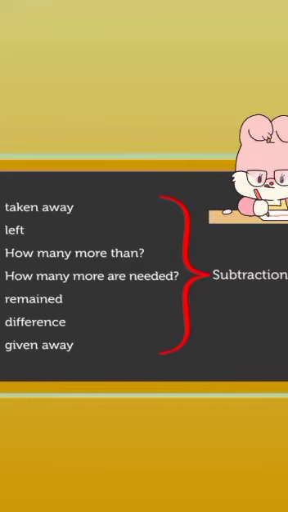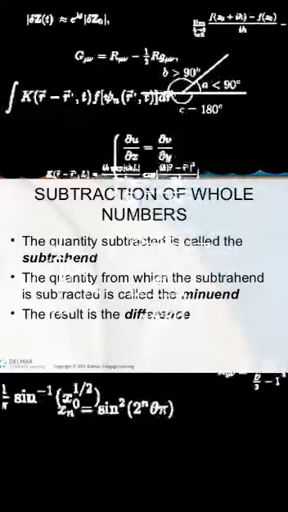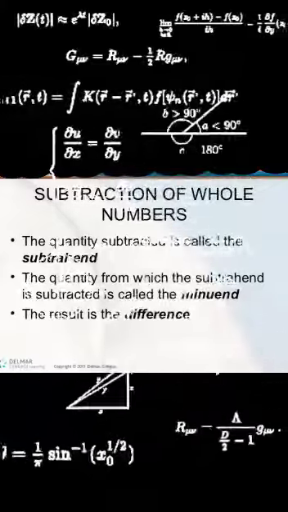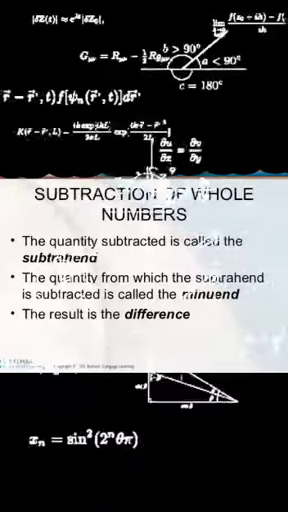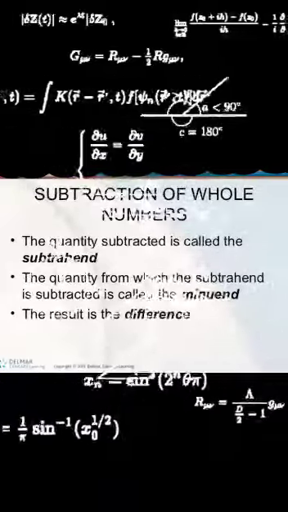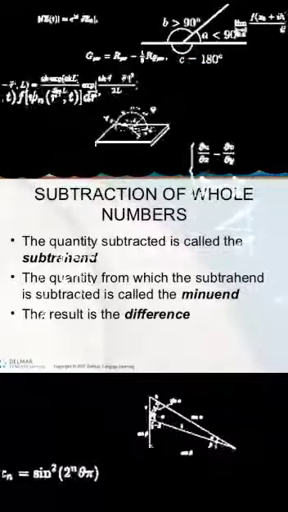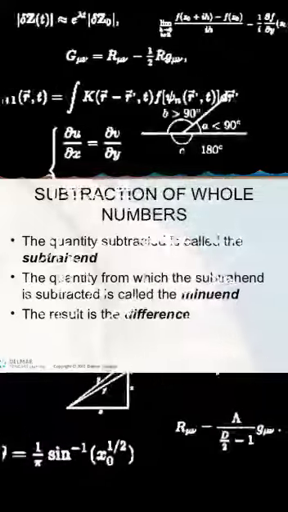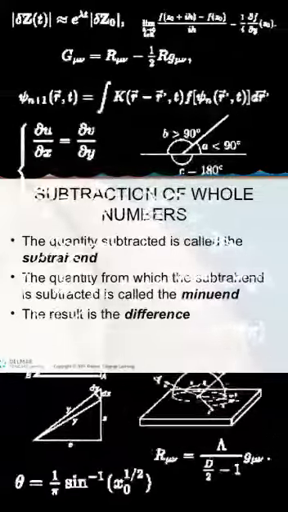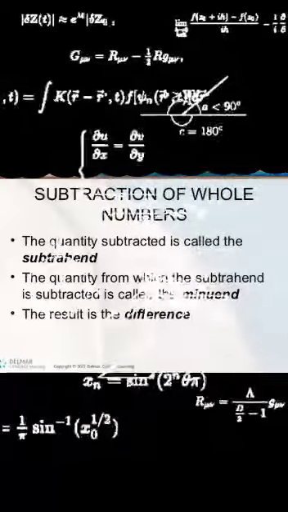Now, do you know what is subtrahend? The quantity or number which is being subtracted is called the subtrahend. The quantity from which the subtrahend is subtracted is called the minuend, and the result is the difference.